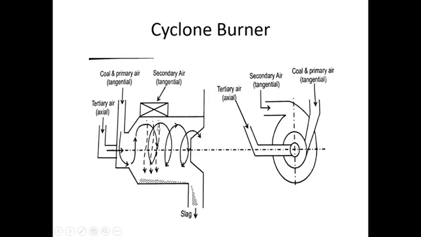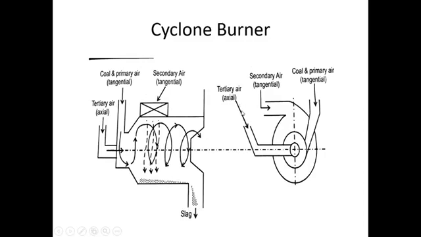But secondary air will contribute to create turbulence, to increase the combustion rate, and also it will direct that ash towards the slag. So it will not leave the ash to accumulate here. It will force that ash towards the ash handling system, or we can say, yes, ash collector. So that will be the main thing.